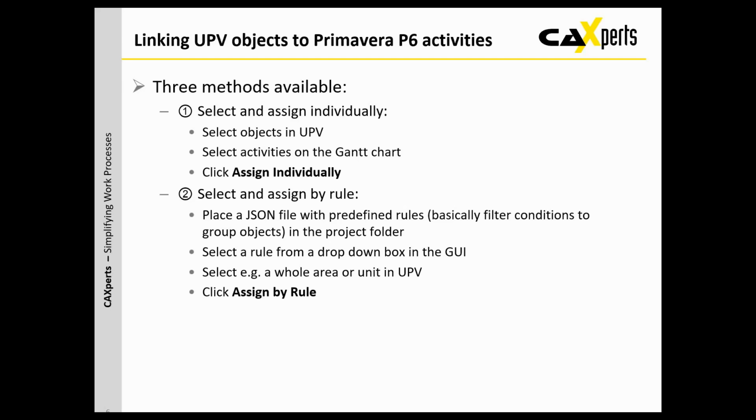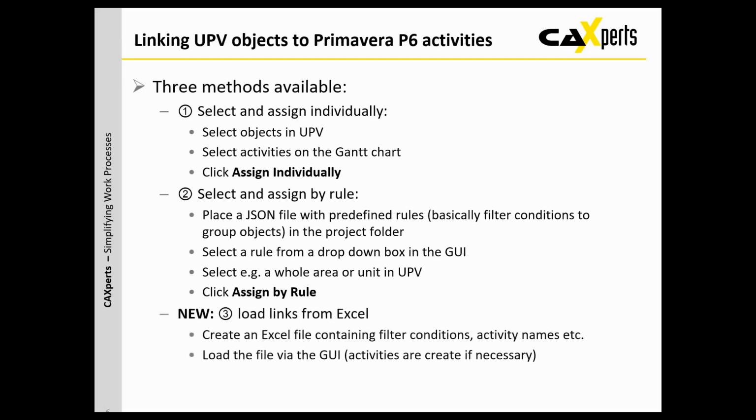For example, the rule is about piping and you just select a whole unit with steel, piping and equipment. Then it would just ignore the selected equipment because it's not in the filter for the piping elements. Then you click Assign by Rule and it goes through all the selected items, and if they fit the rule, it will attach these items to the objects in Primavera P6.